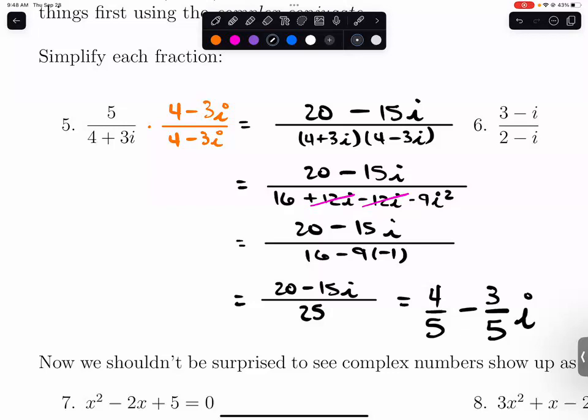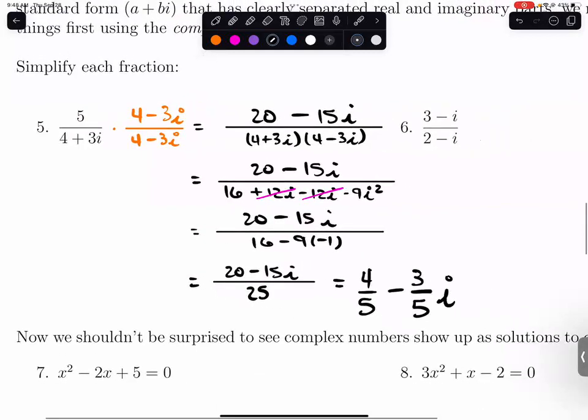And the goal, as pretty much always with complex arithmetic stuff, is to take the thing we started with and figure out how to rewrite it as a complex number with just one real part and one imaginary part added together.